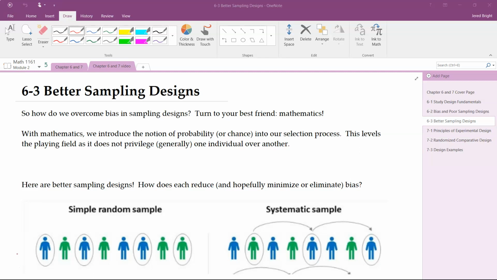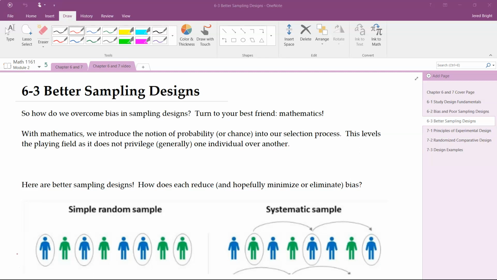Okay, and the element from mathematics that we're going to draw upon is the idea of probability. We haven't formally discussed it in the course, and that's fine, but it's this idea of chance. And we're going to inject it into our selection process, meaning that there's going to be some way that we can associate a chance to selecting individuals for our study.